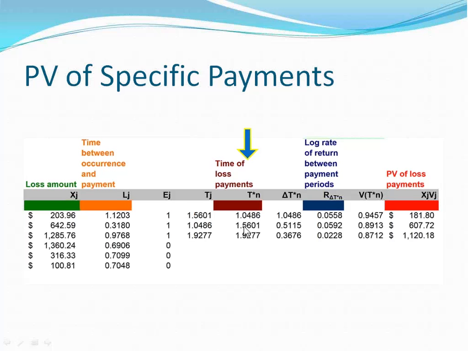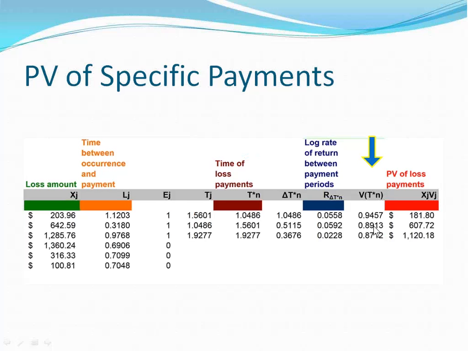It's over here, 1.56, and corresponding to this timing is this particular present value factor. So we multiply this 203.96 by 0.8913.